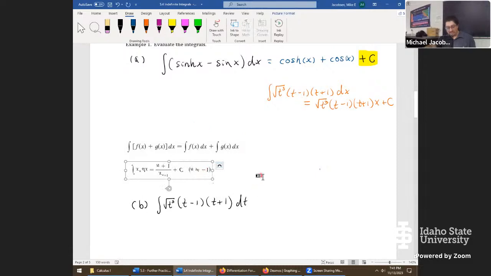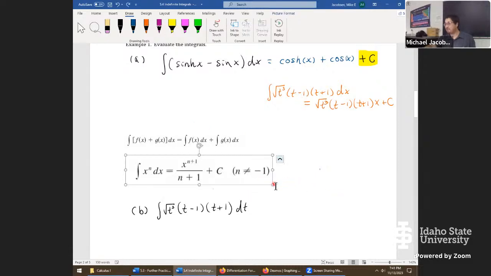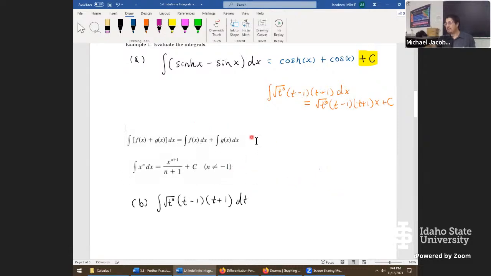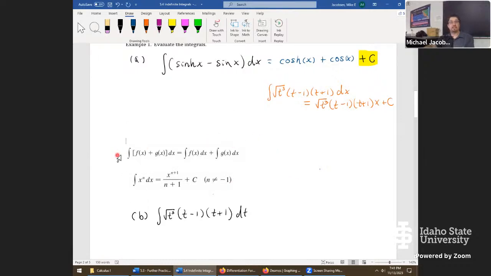I have a lot. Oh, let's not invert that one though. Control Z to the rescue. I have a lot of extra things to say about this formula. This is a formula that tells us what we've been doing. Just right up here in part A, we've been taking for granted that we can integrate across a negative sign. That's what this is saying altogether.